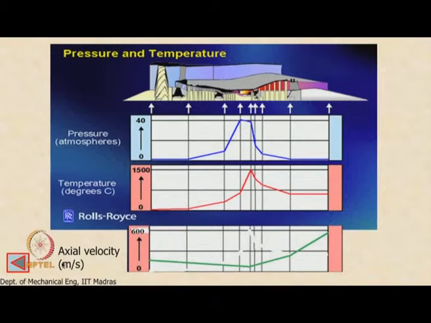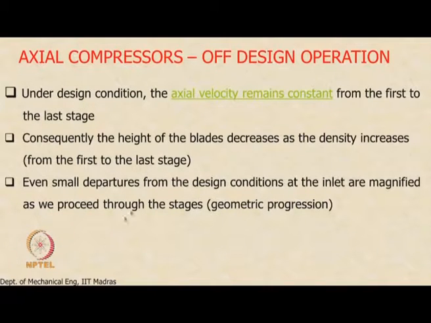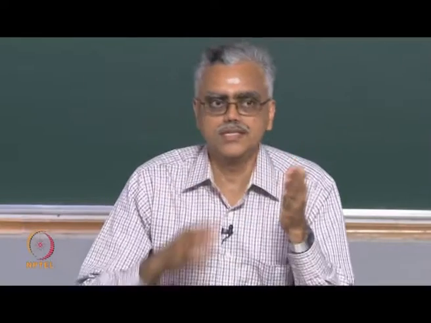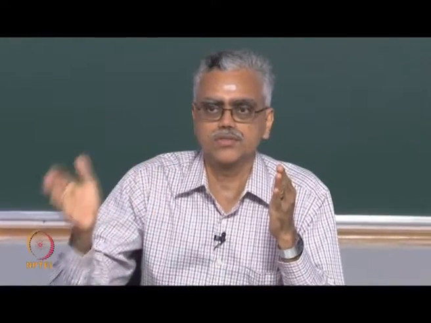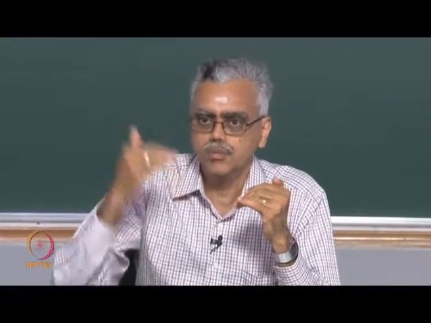When you design the blade that way, the height of the blade decreases because, as you know, m dot is rho times A times axial velocity, that is the mass flow rate passing through each section. If the velocity is to remain constant, and the density increases from inlet to outlet, you need to bring the area down.